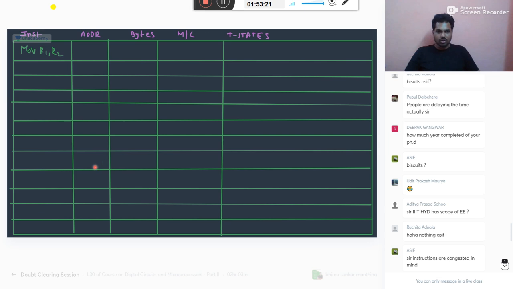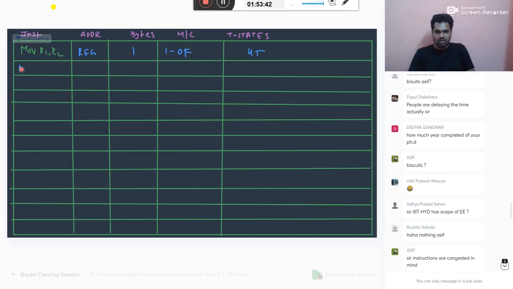Right. So now, move R1 comma R1, the addressing mode, you just keep commenting. Keep saying your answers. I will also write it fast, and we can finish. It is register addressing mode, 1 byte instruction, 1 machine cycle, that is opcode fetch only, 4 T states.